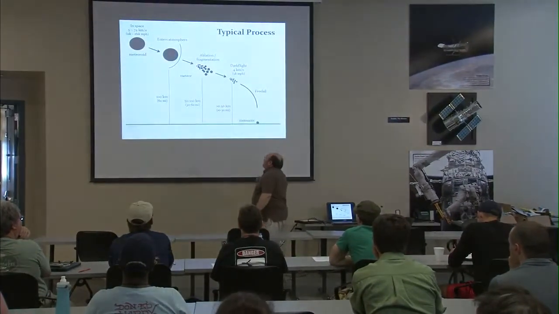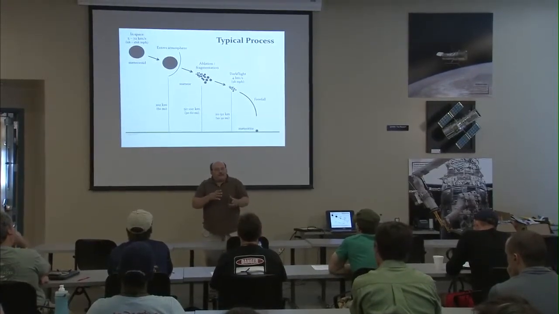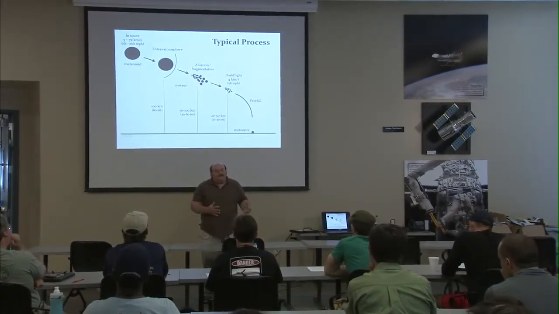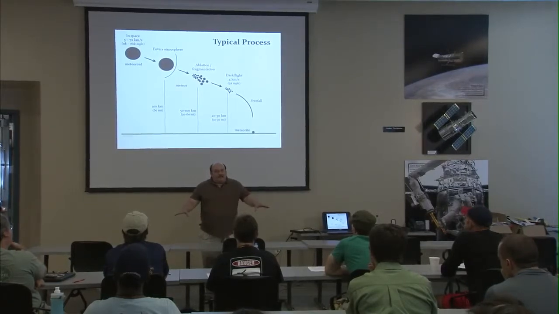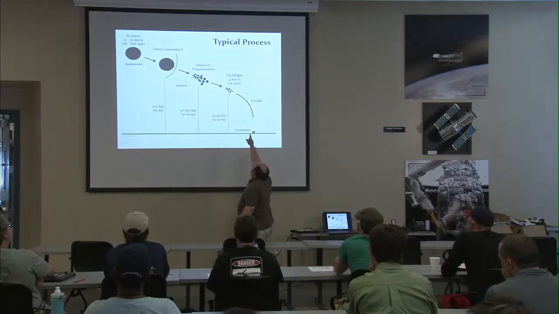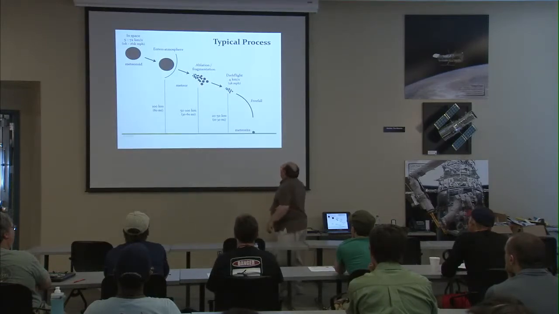So you've got something blazing through the atmosphere, and if it gets deep enough down, the atmospheric drag slows it down to the point where they get below 3 miles a second and stop emitting light. At that point, they no longer are ablating. And we call from that on dark flight, because we don't see them anymore. Okay, they're just dark chunks of rock, and they fall, and boom, if anything makes it to the ground, you have a meteorite.